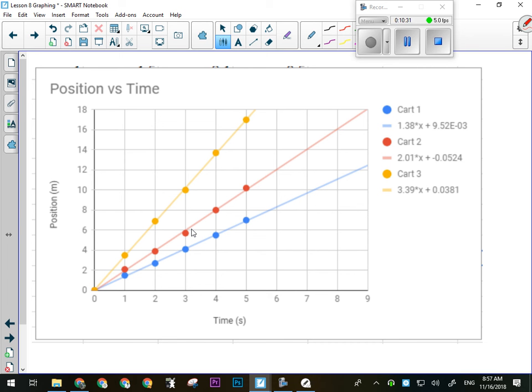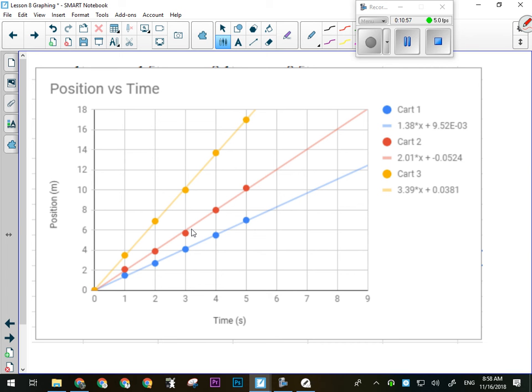It went the furthest away in the shortest amount of time. Like it went 17 meters in 5 seconds, where the others were considerably behind that. If I look at their lines, I also notice that the line for cart 3, the yellow line, is the steepest. So what does it mean that the slope, what do these slopes represent for this graph?